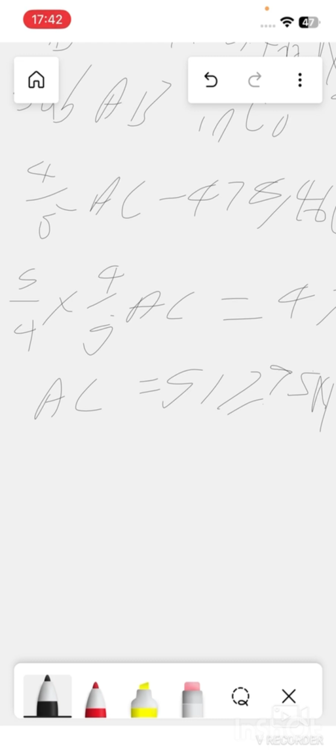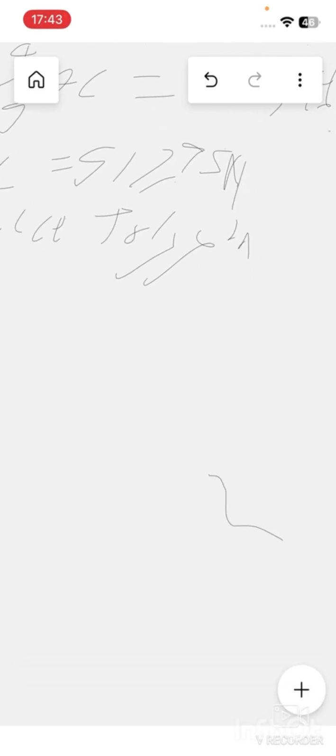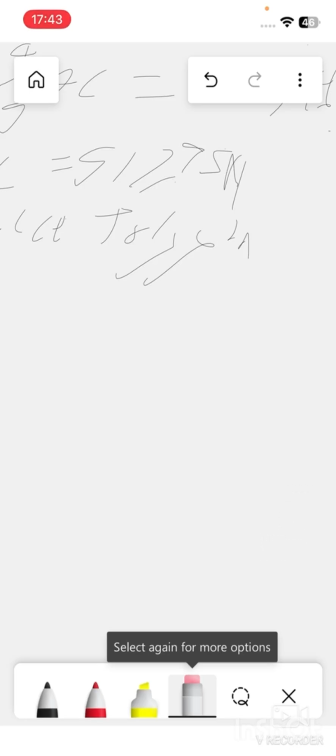Okay, let's draw the force polygon. Let's draw the force polygon.